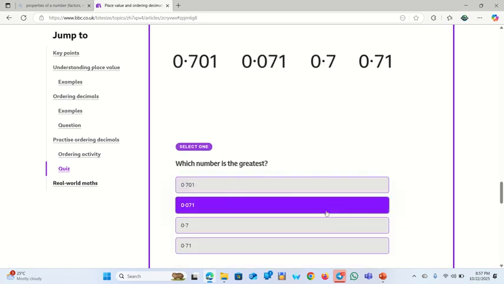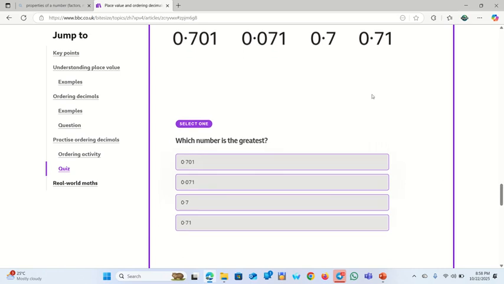Next question on the screen. Is it not still on board? 0.771.